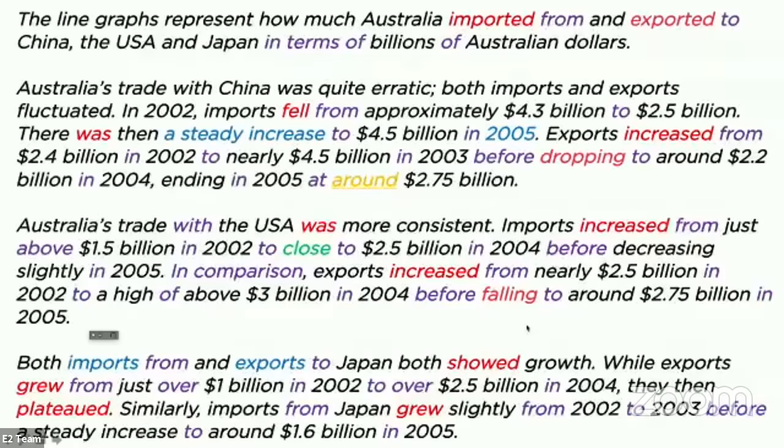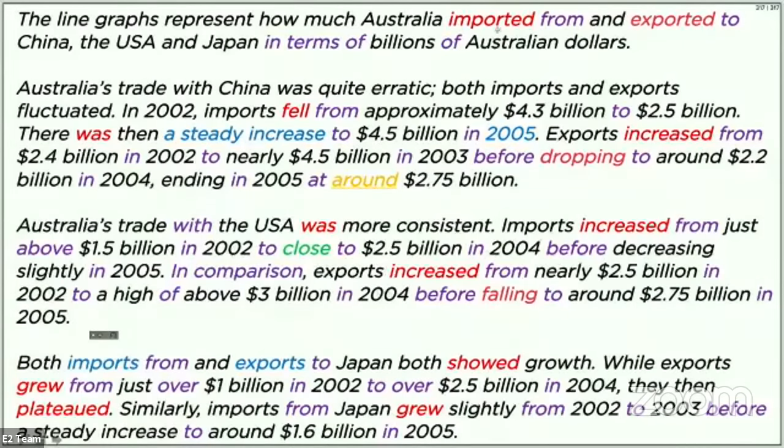It's getting very colorful, but please look at the purple ones here. The line graphs represent how much Australia imported from and exported to. So you import from Japan and you export to China, right? Again, here's another verb preposition, fell from.